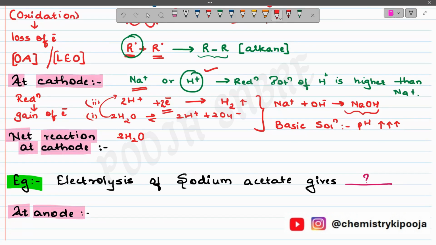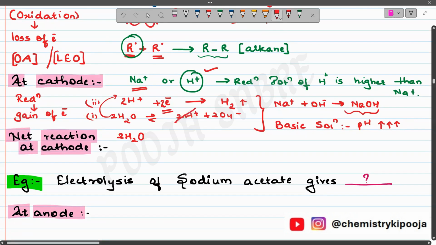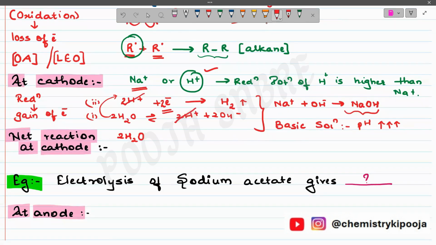And whatever are the like terms, we are going to cancel out. So 2H plus and 2H plus will get cancelled. We are left with 2H2O and 2 electrons, which gives me H2, which is in gaseous phase, and then 2OH minus. Clear? So this is the net reaction.